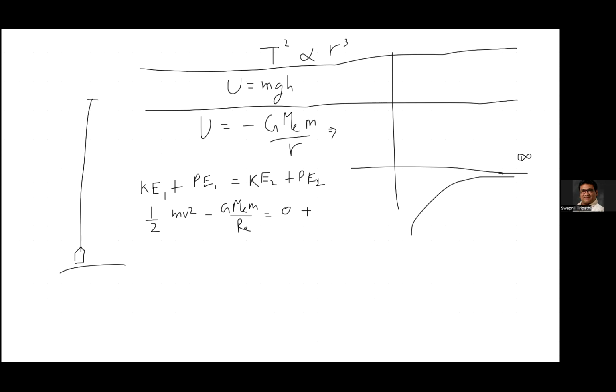It will be negative GMeM over Re plus h, the new distance from the center of Earth. So this is how we construct the equation. And then usually we will want to find out the height. And so you can plug in the other numbers and then find the height accordingly.